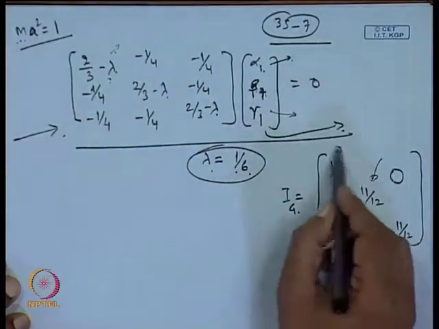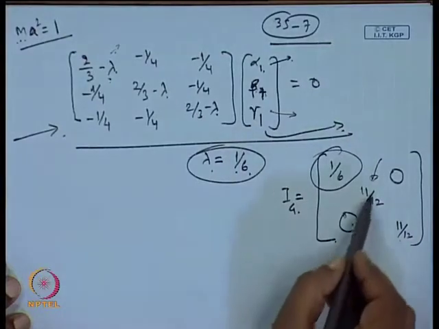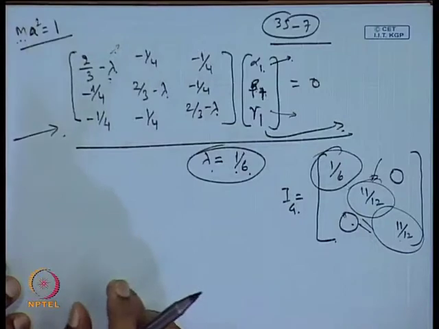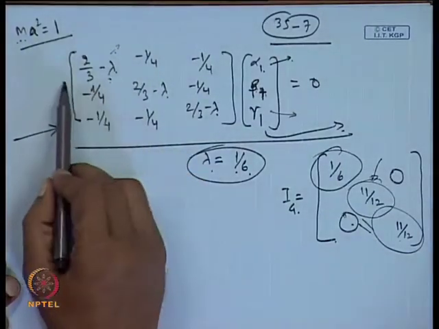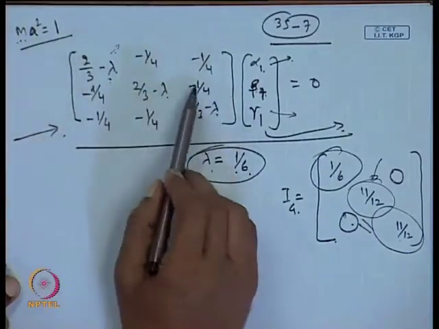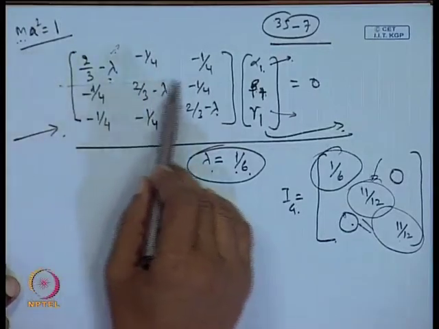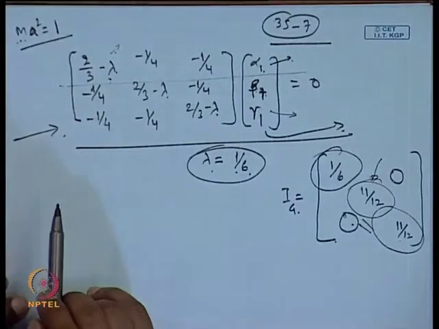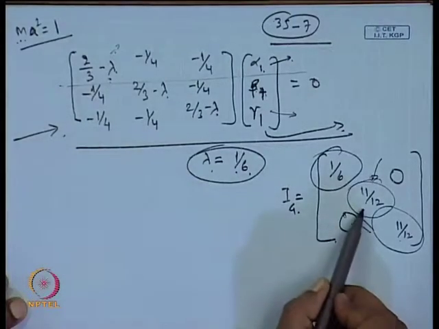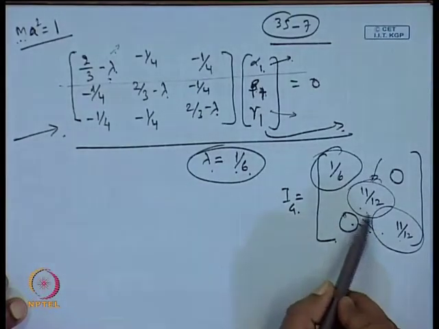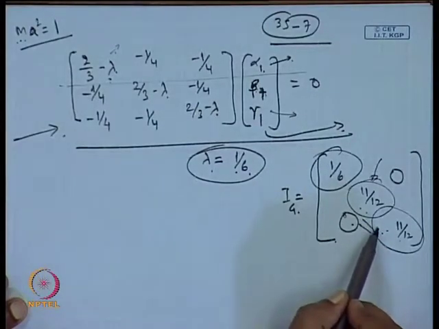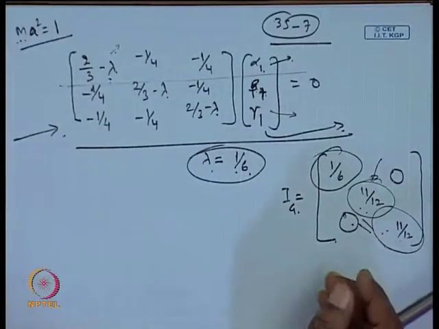For these two repeated roots, you will get only one independent equation, and still you can find two independent eigenvectors. Okay. So, even if you have repeated eigenvalues, you can have two independent eigenvectors, but the converse is basically not true.